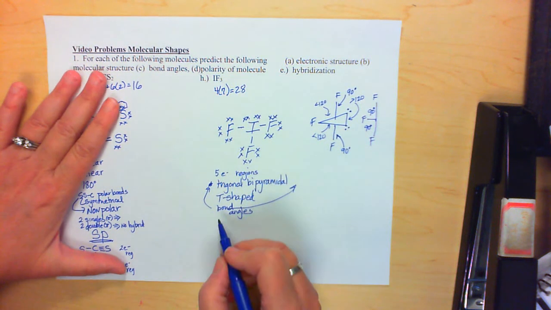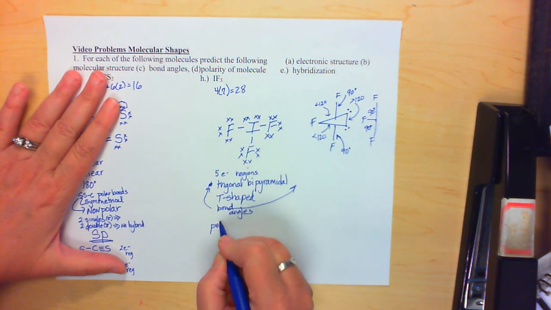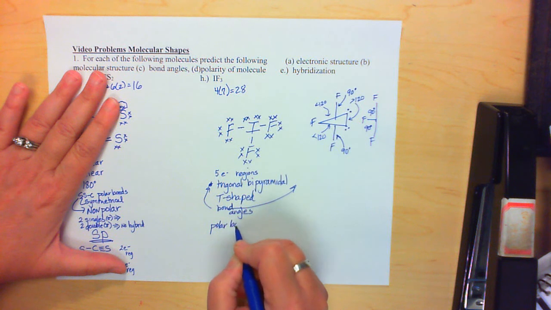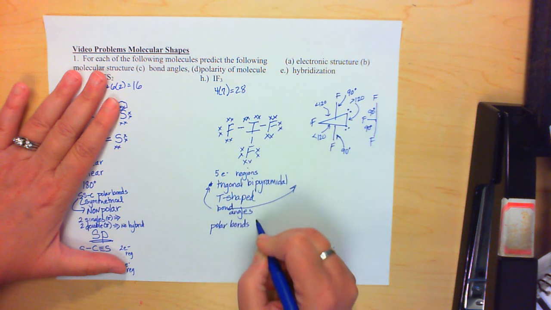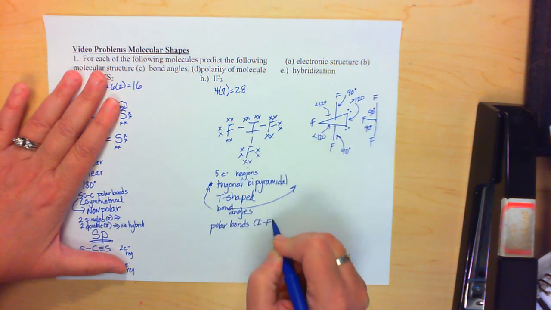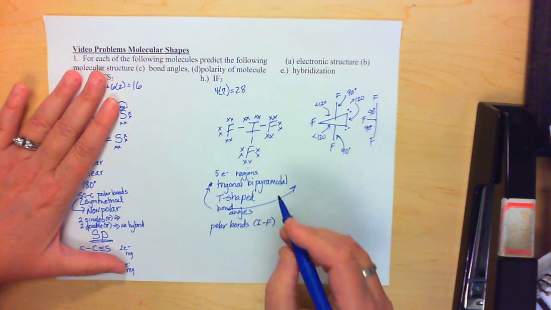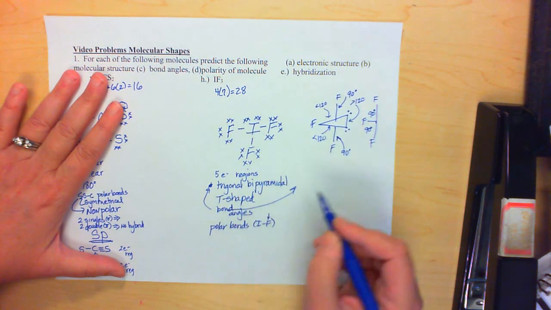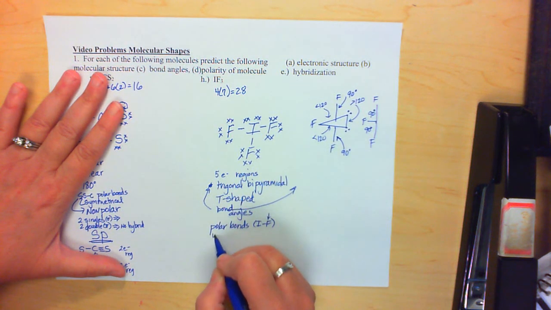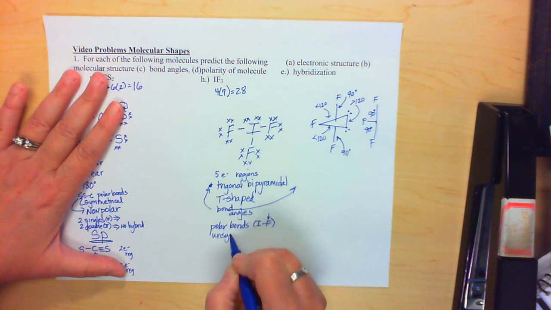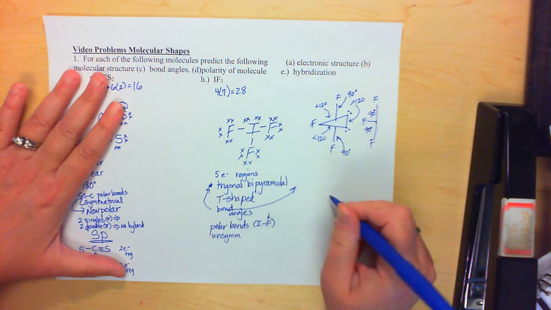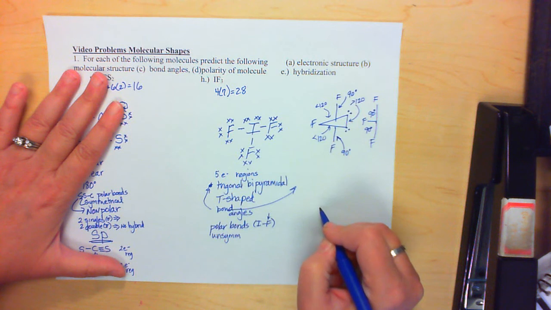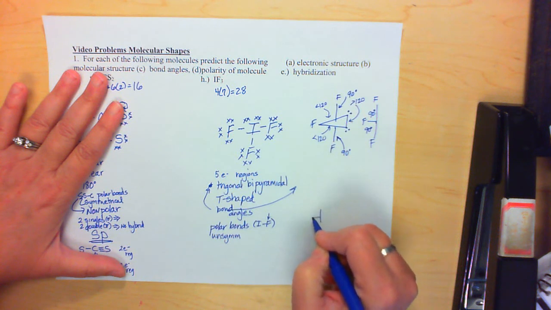Now we've got polarity. We have polar bonds, and we know that because we have iodide-fluoride bonds. And let's be honest, who's the most electronegative species? Fluoride. So they're not going to be very polar, but they're still going to be polar. But overall, if the molecule is unsymmetrical, because look at it this way, we said it was T-shaped, and I'll put it right here.